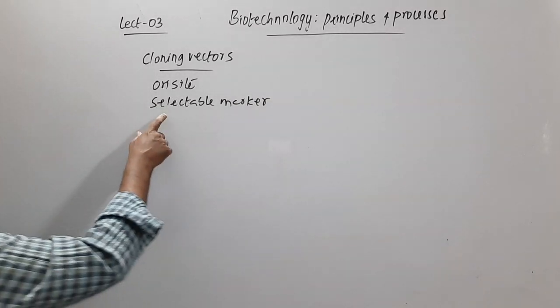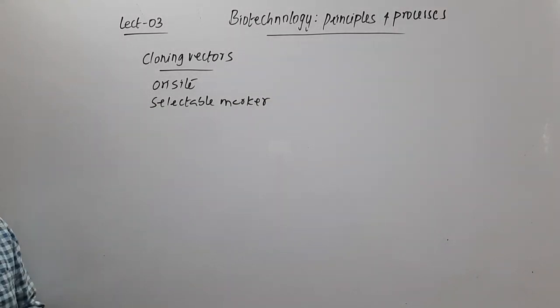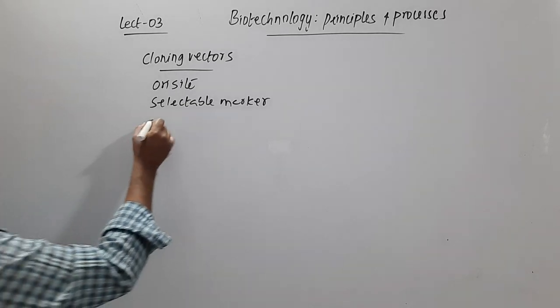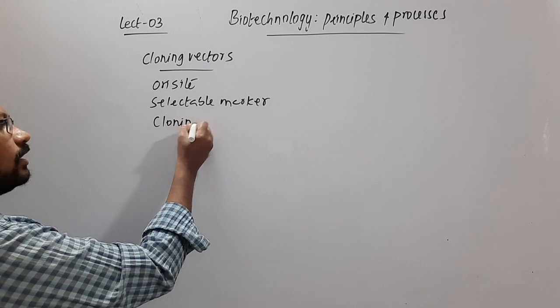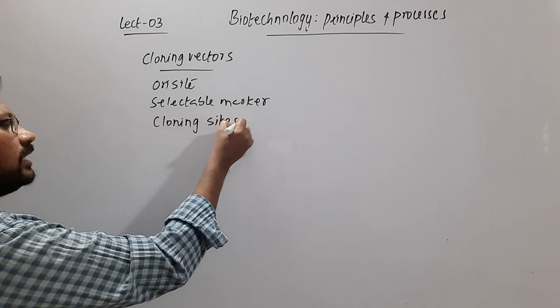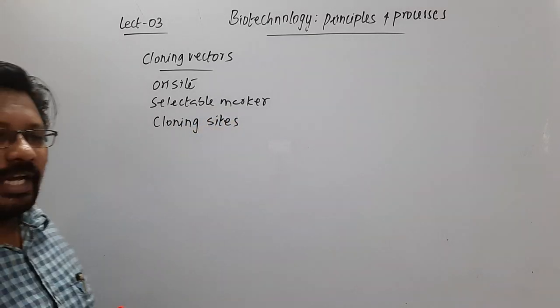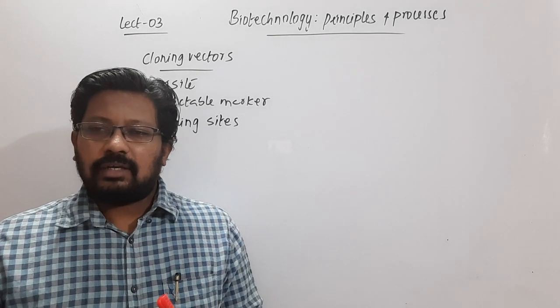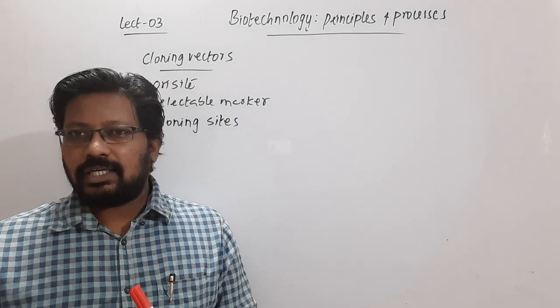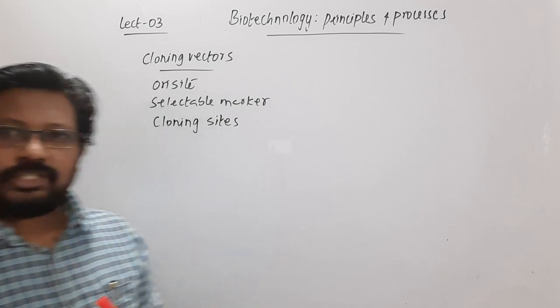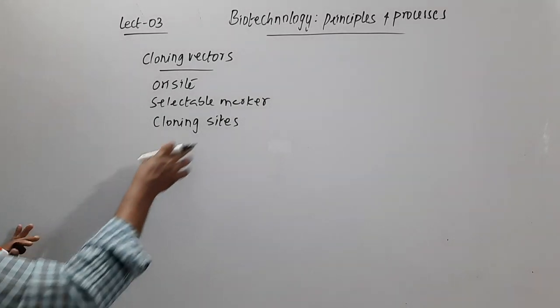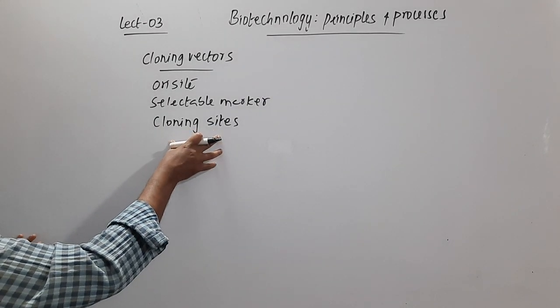For that I will be using the selectable marker which will be present within the plasmid, and I should have something called the cloning sites, meaning the location where I'm going to ligate that foreign DNA or that gene of interest into the plasmid. That site we call the cloning site.